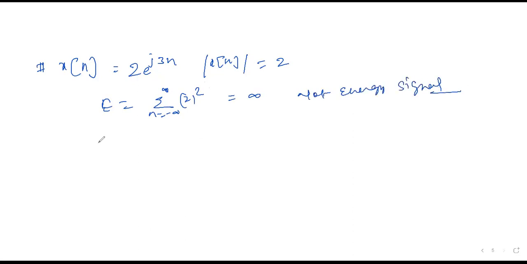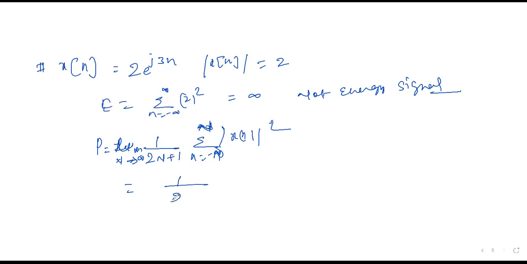Now come to the power. Power is limit n tending to infinity of 1 upon 2n plus 1, summation running from minus n to capital N of mod x of n square.